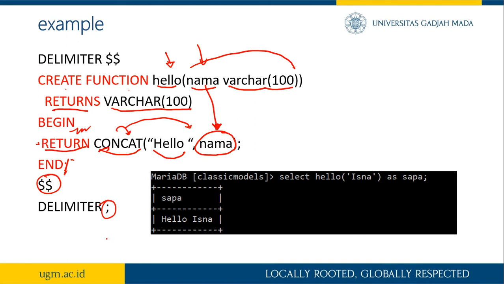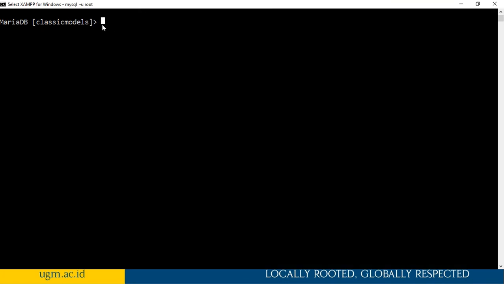Okay, now let's practice. First I'm going to change the delimiter to double backslash, and then I create function, namely hello, with the parameter name and the type varchar.